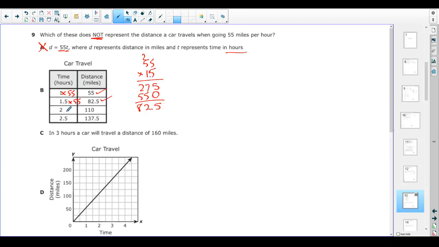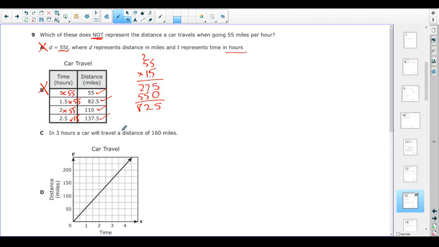Okay, looks good. 2 times 55 is 110. That's true. And 2.5, this one will work as well. You take my word for that. So if it gives you a table, you just multiply everything by the rate and see if it works.